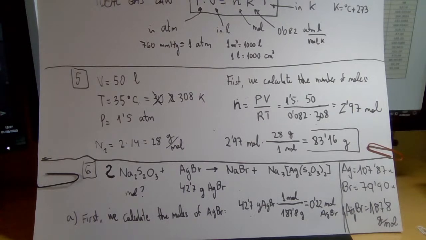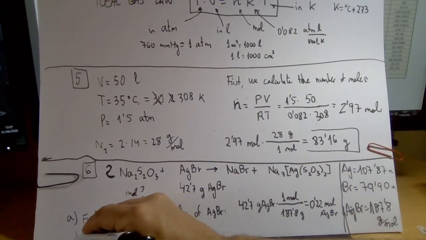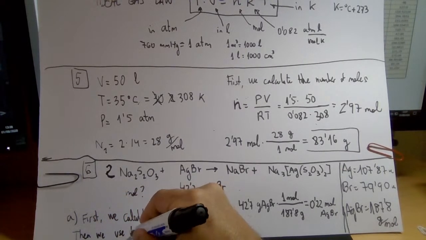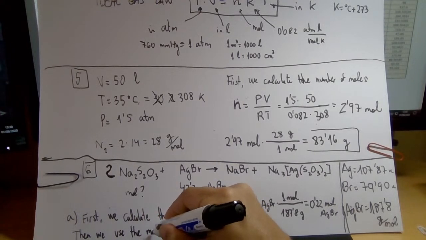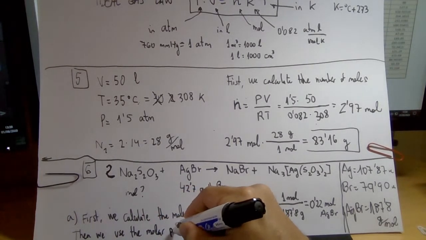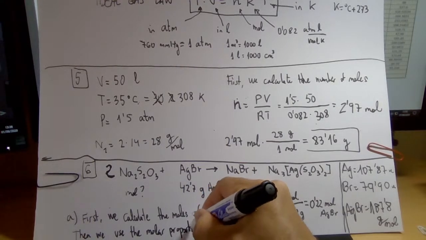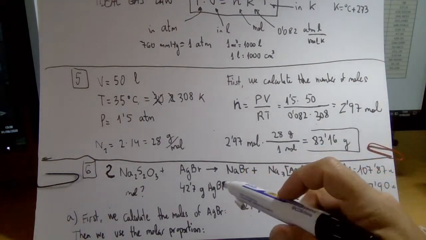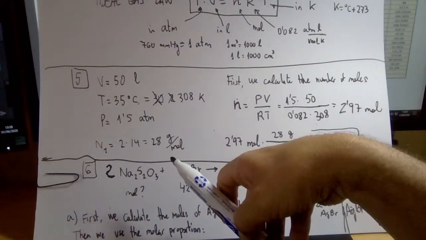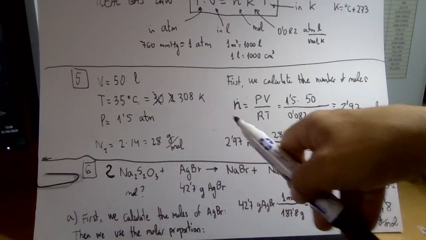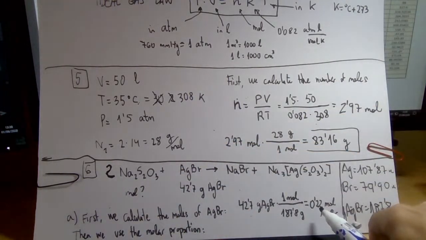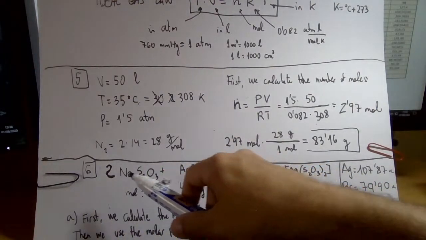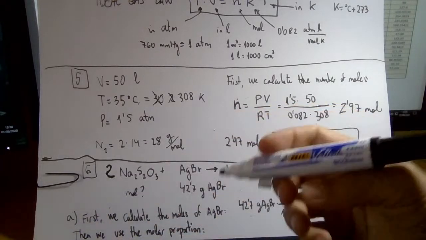And then we use the molar proportion. We could say like this. So 2 moles react with 1 mole. 2 moles with 1 mole. So we have 0.22. So how many moles are going to react?